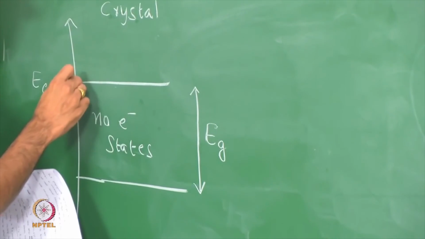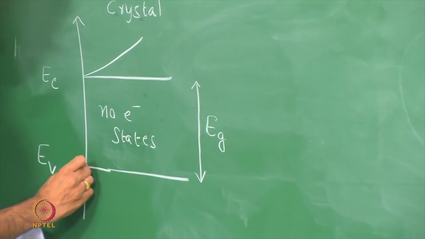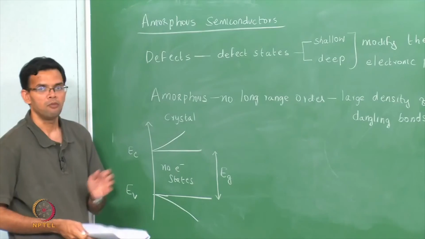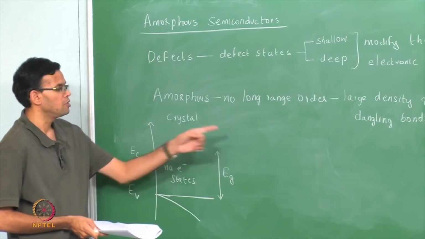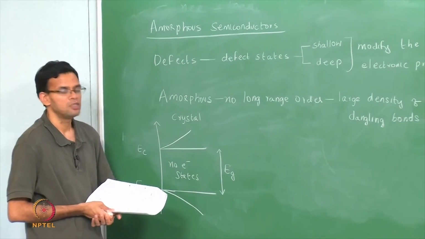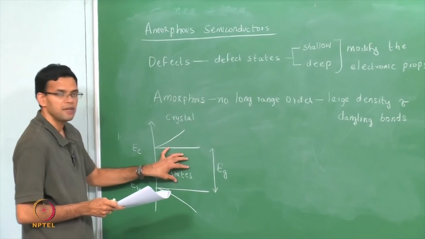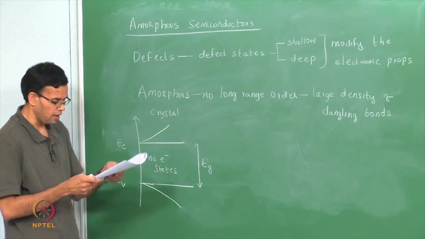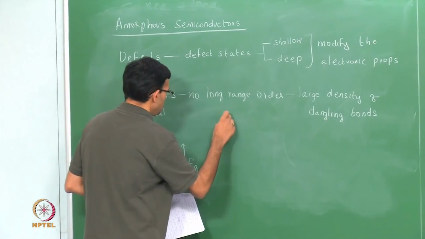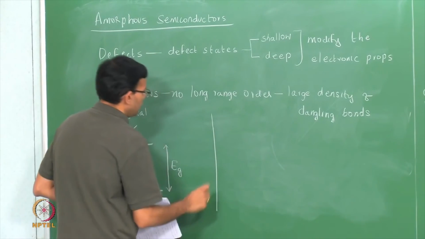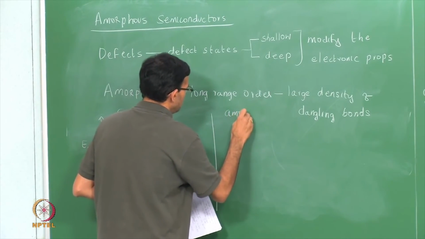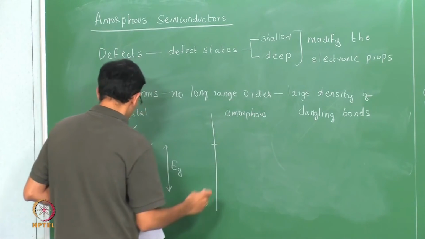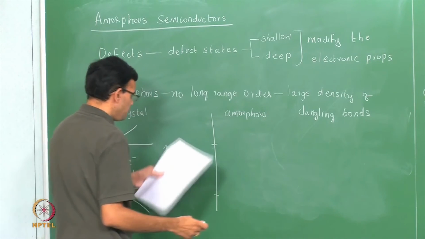And then you have a density of states in the conduction band and a density of states in the valence band. Now, if you have an amorphous semiconductor, because you have a large density of dangling bonds, there will be a large density of defect states in the band gap, and these defect states are localized states. So, if I were to draw the band diagram for an amorphous material, once again I will mark EC and EV.